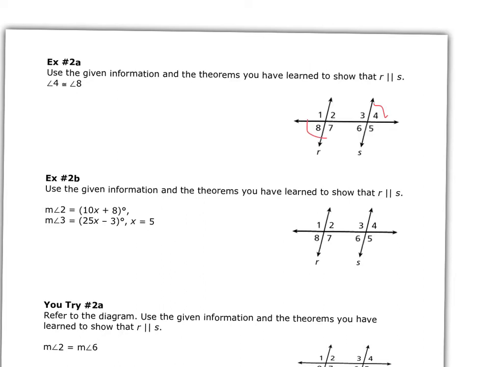And since they're alternate exterior angles and they're congruent, we know that R is parallel to S. And that's because of the converse of alternate exterior angles theorem. Okay, so you just need to memorize these few different theorems, and then these things will go very smoothly.